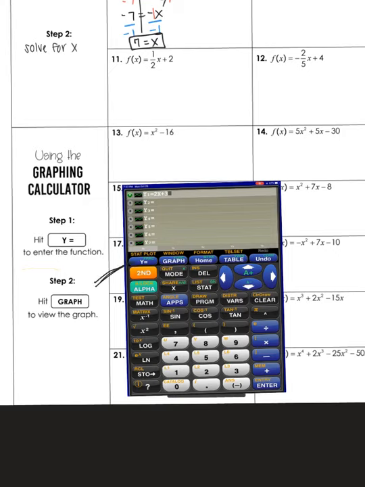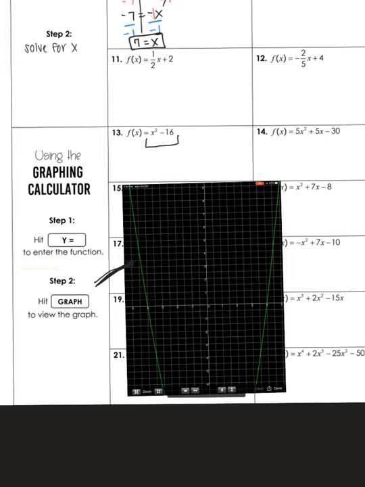So you're going to first start by hitting y equals, and then you're going to type in your equation, everything from the equal sign over: x squared minus 16. And then you will hit graph, which is right next to it.